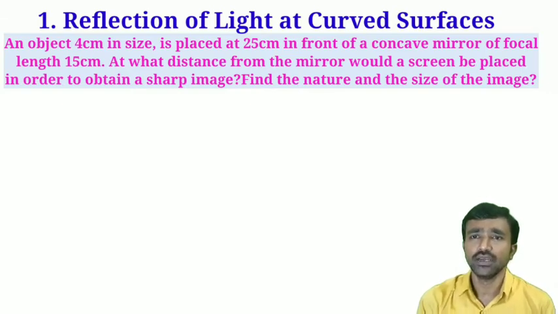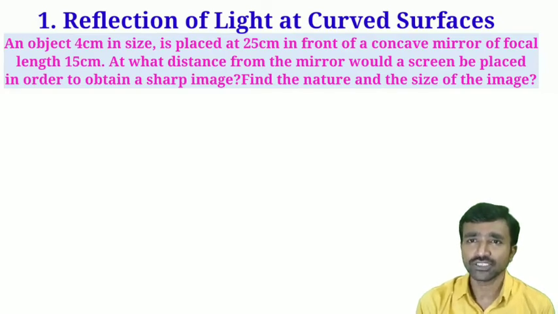So here observe the question and understand it, and note down what quantities or parameters are given in the problem. Object height is mentioned, and the image distance we have to find out. That means indirectly, we are asked to find the image distance based on the screen position. Always we place the screen in front of the mirror to obtain the image on the screen.